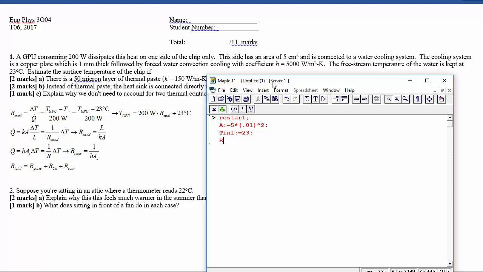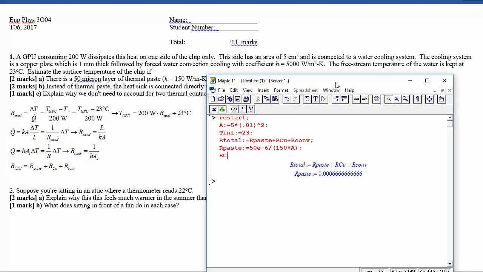Then our total is equal to our paste plus our Cu plus our conv. Our paste would be equal to the thickness of the paste, which is 50 microns, 50E-6, divided by K, 150, times the area.